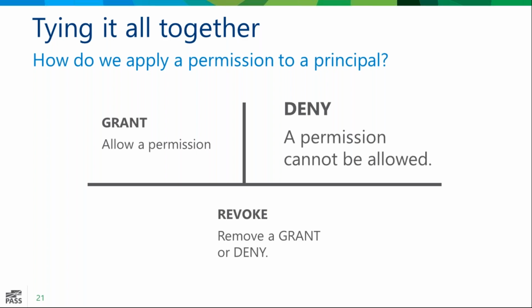Now, I have had a number of questions over the years giving this presentation. Why is deny in a bigger font? Deny is in a bigger font because deny trumps grant. If you have one deny, it will trump 100 grants. I don't care if you were granted the permission through several dozen different Active Directory groups, at the database level, at the object level, at the schema level, one deny and you can't do it.